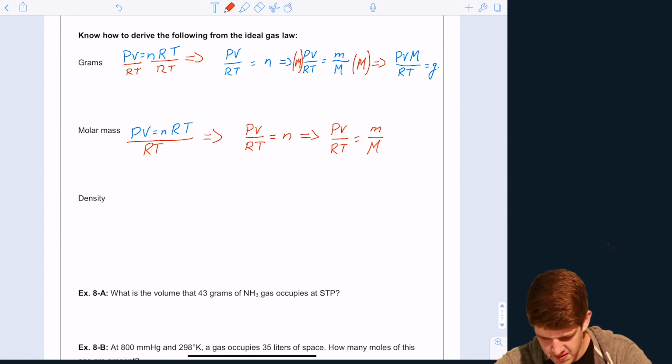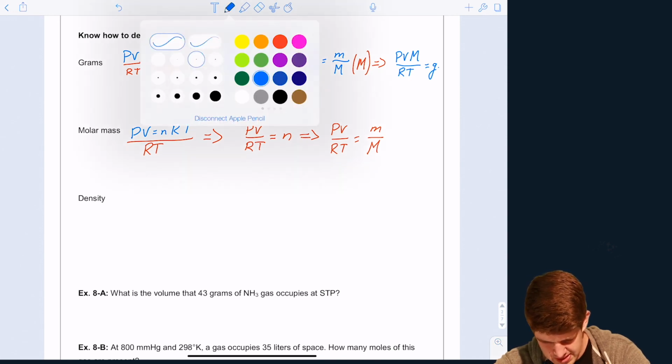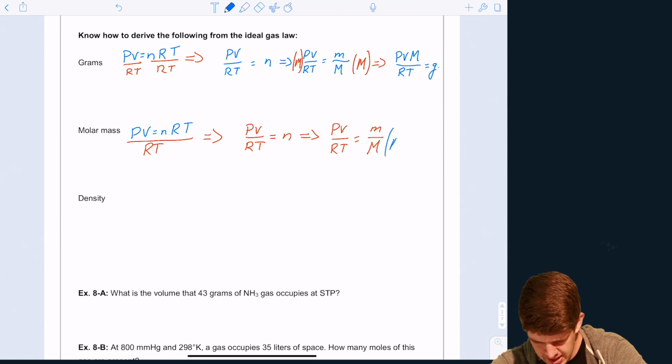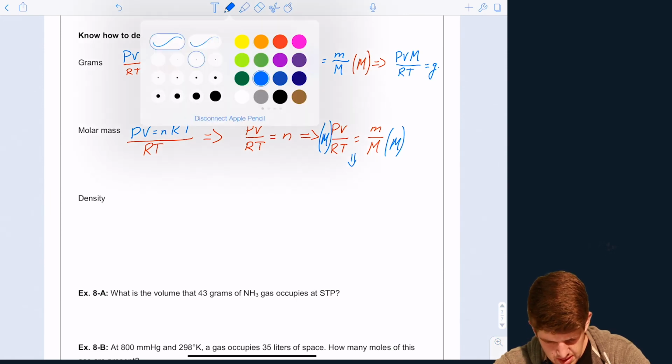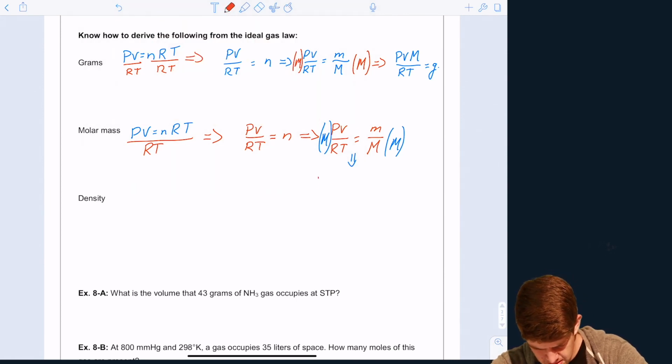So the long way involves me first multiplying both sides by capital M, and that will give me PVM over RT is equal to lowercase m. I'll multiply both sides by RT.